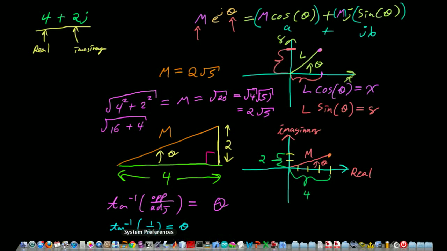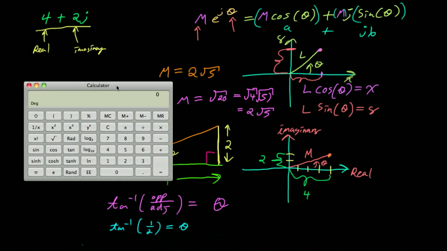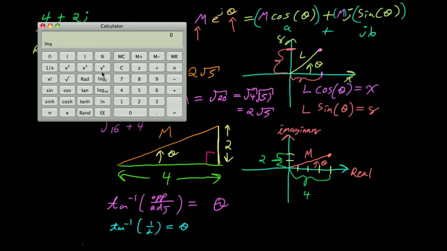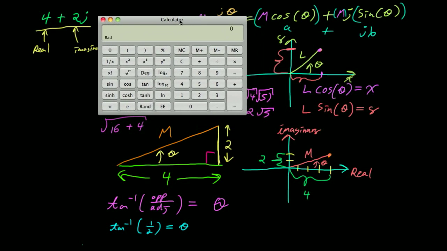And at this point, I'm going to get my calculator. Oh good, I do have inverse tangent. So now I'm going to do 0.5, oh, and I'm in degree mode, so I have to set this to radian mode. That's a good point to make. Always make sure that you've got your calculator set in radian mode for everything you do in this course, particularly.